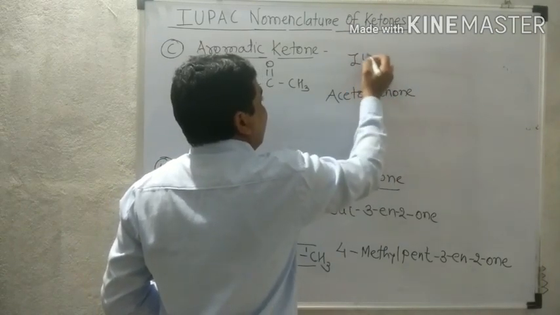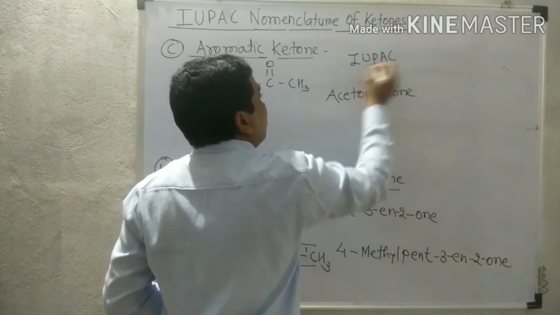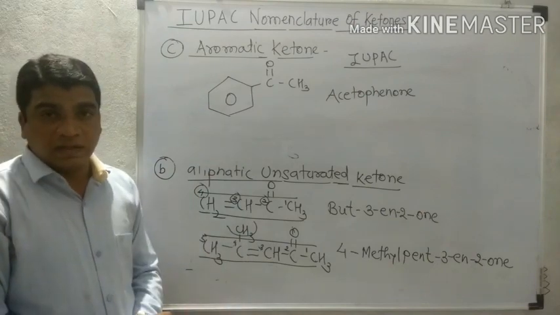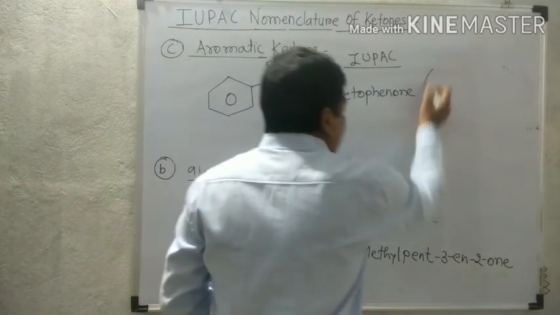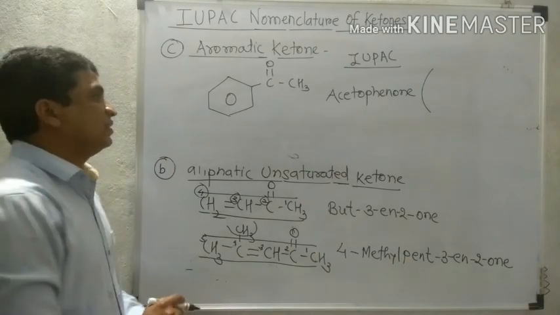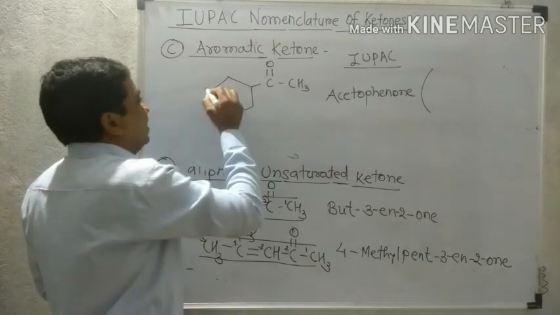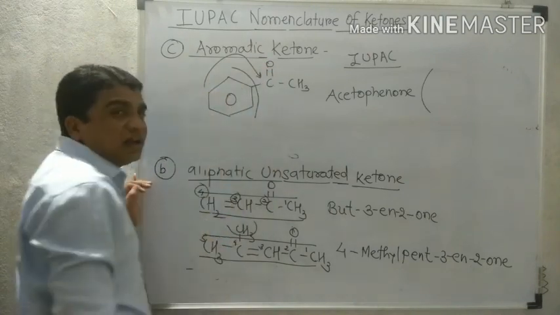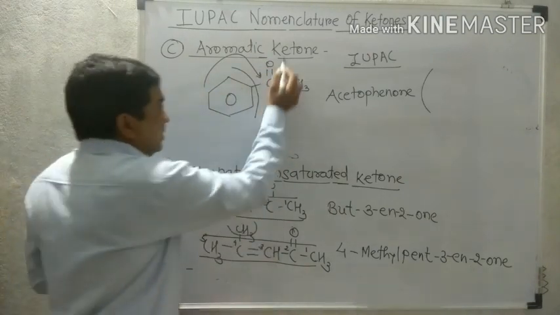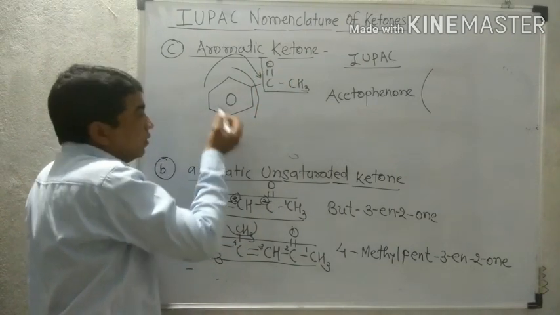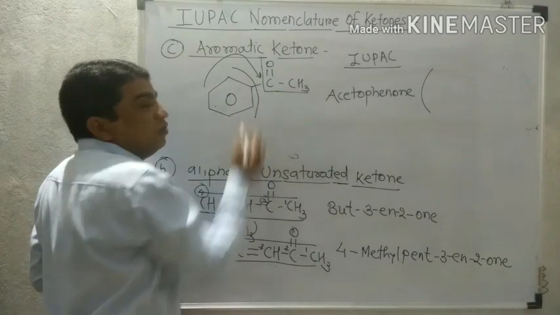Acetophenone is a common name, and also an IUPAC name for this structure. But along with acetophenone, another name is also used for that structure. In this structure, the phenyl group is considered a substituent to the carbon chain. The carbon chain is not a substituent to the benzene, but phenyl is a substituent to this carbon chain.